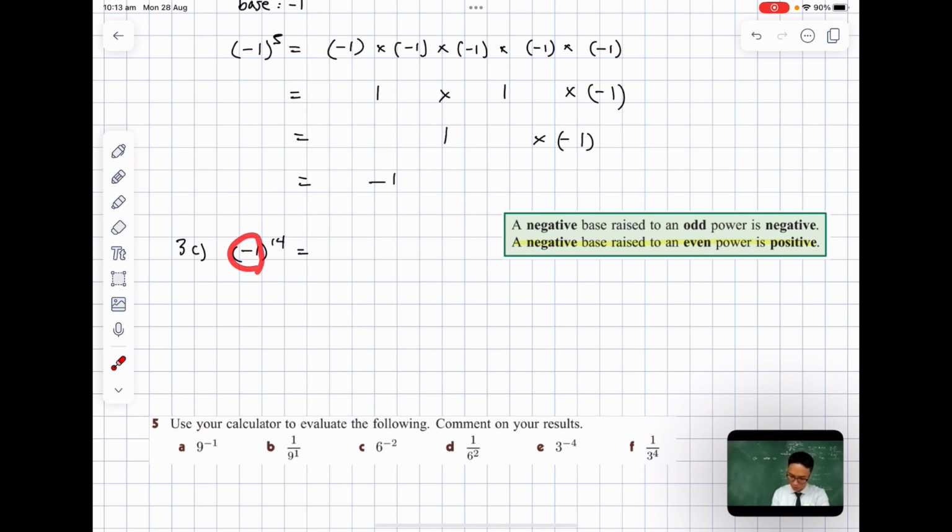We have a negative base and we have an even power index. And therefore we know that 1 times itself is 1, and this is going to be +1.